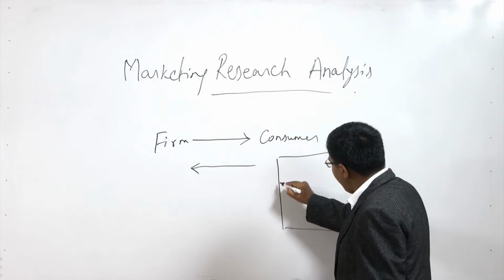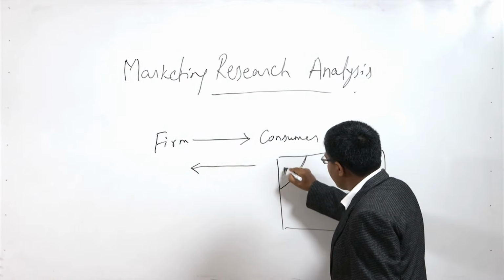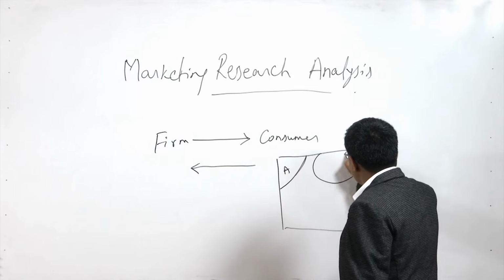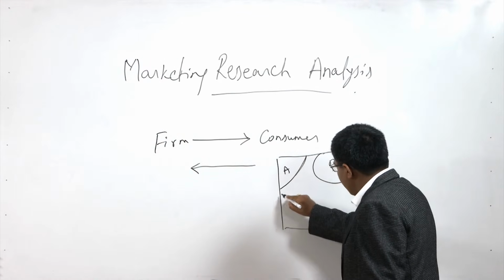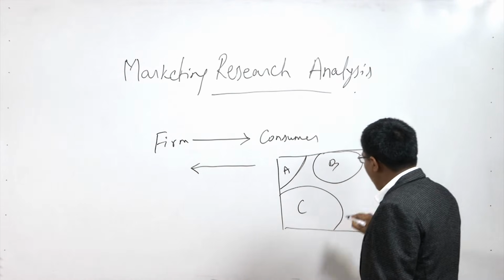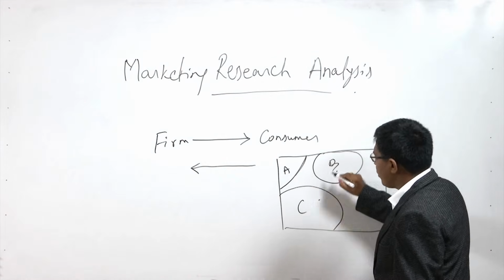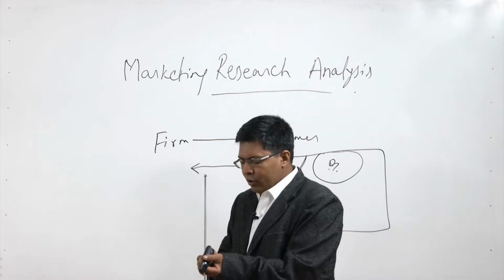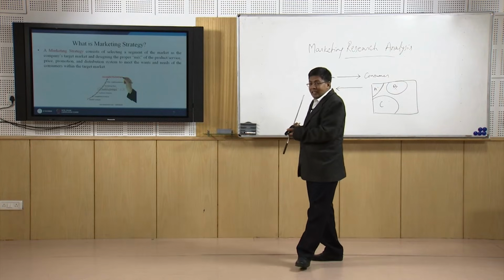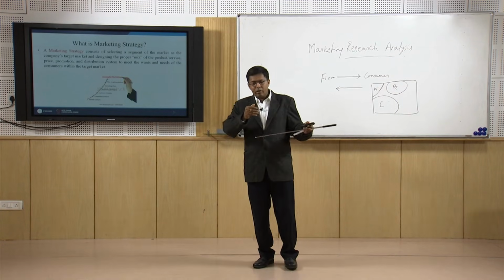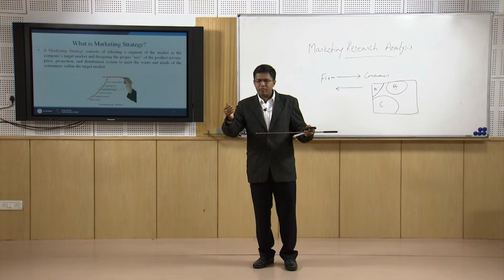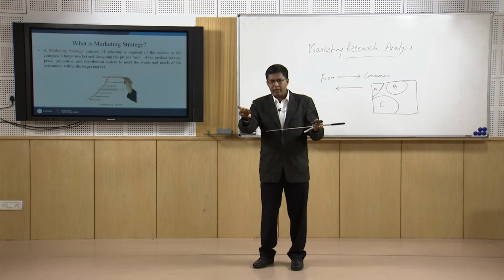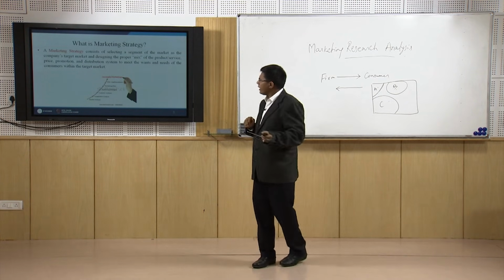So, what I do, I will only cater to maybe this piece of the market, or maybe this piece, or let us say this piece, or maybe B and C together, or A and B together, or it could be anything like that. So, segmenting the market becomes easier because you can divert your resources in a much better, more effective way.